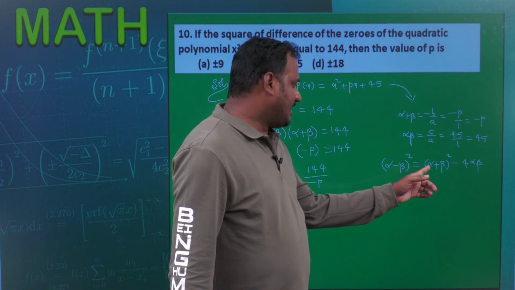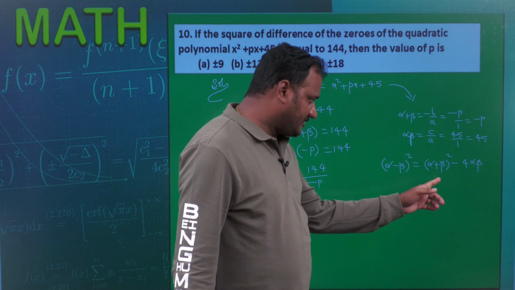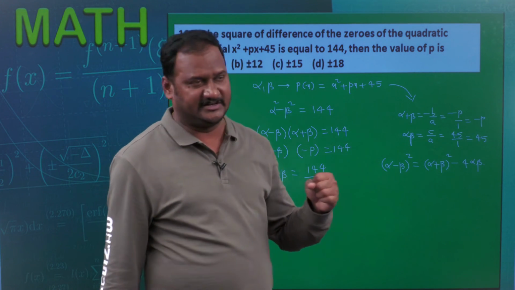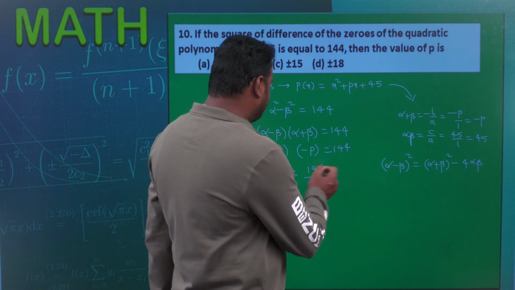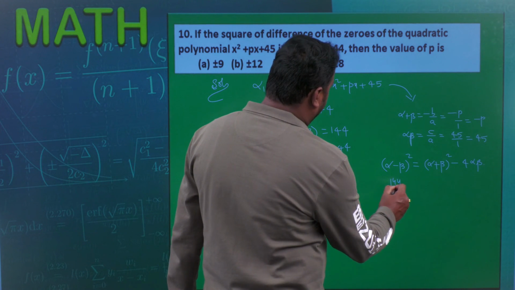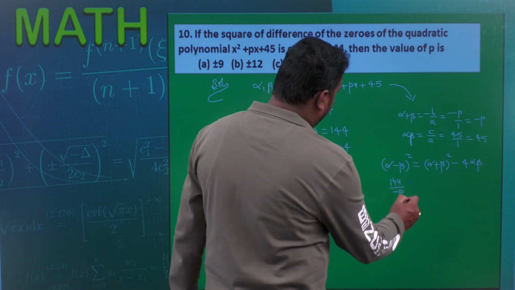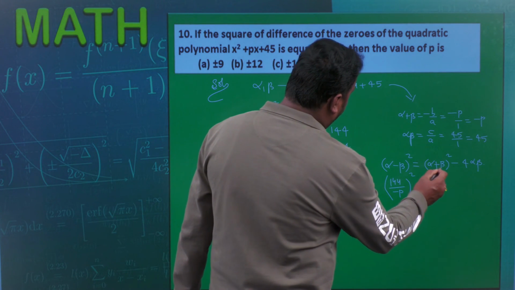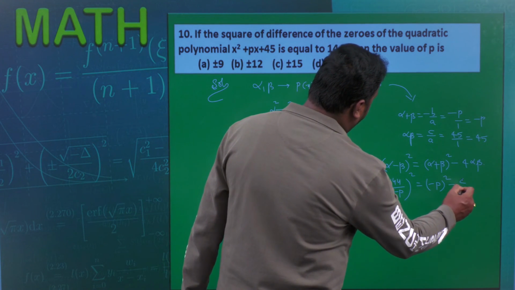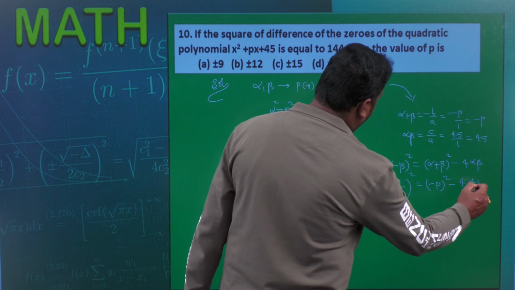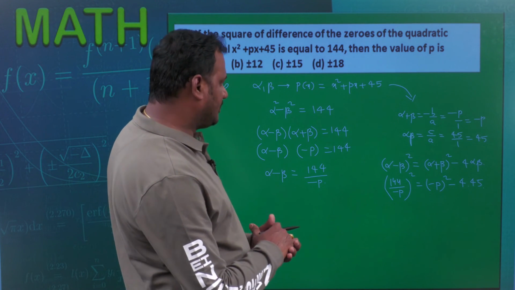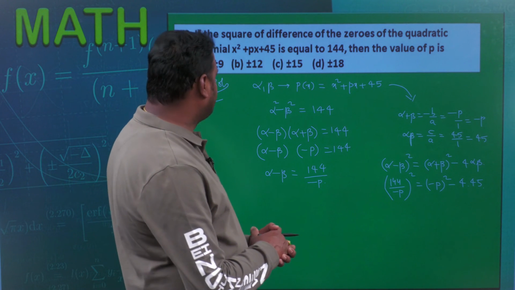See here, alpha square plus beta square plus 2 alpha beta minus 4 alpha beta will become minus 2 alpha beta. It would be alpha minus beta whole square. Alpha minus beta is nothing but here 144 divided by minus p whole square is equal to alpha plus beta is minus p whole square minus 4 into alpha beta is equal to 45. So when you simplify, then you will get this value of p, if I am not wrong.